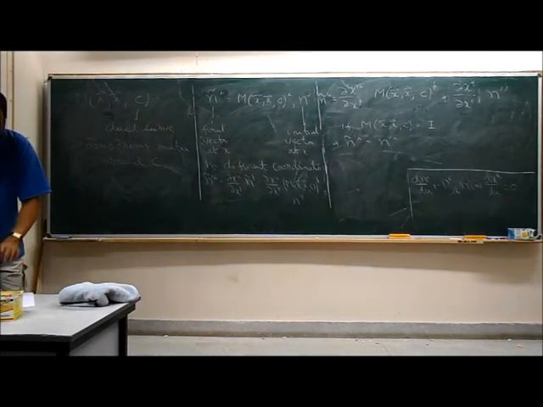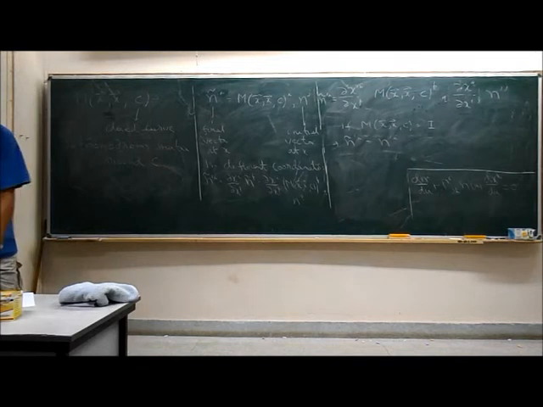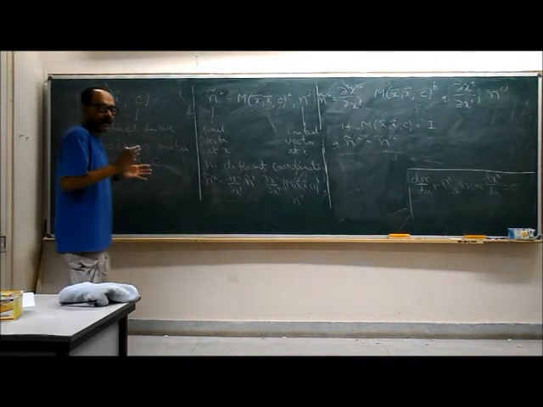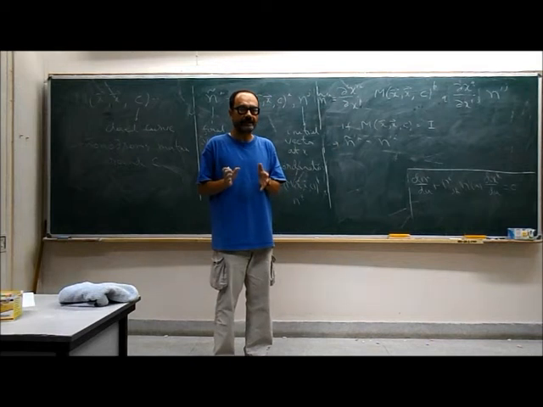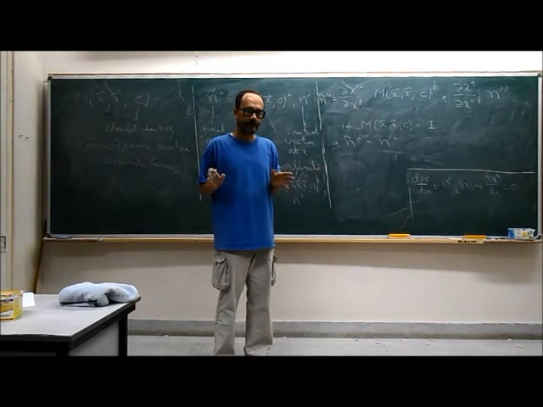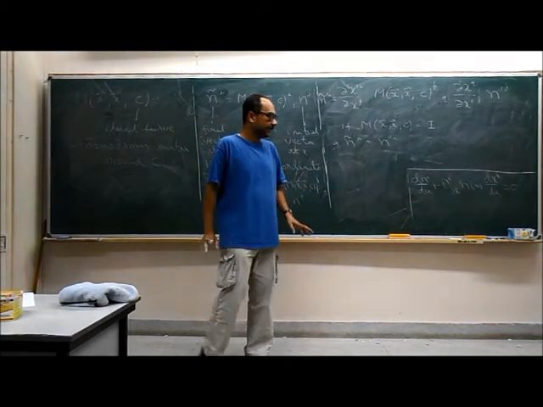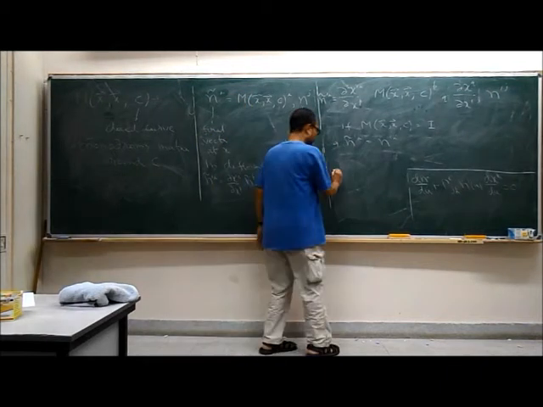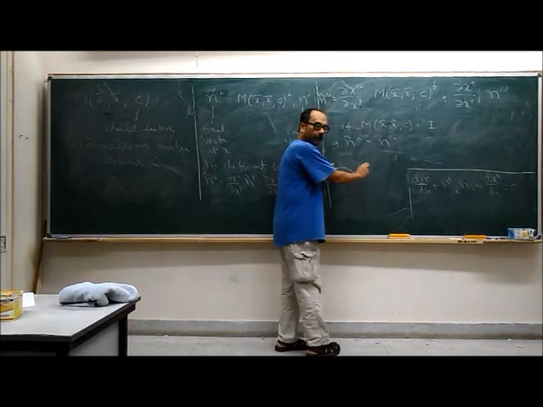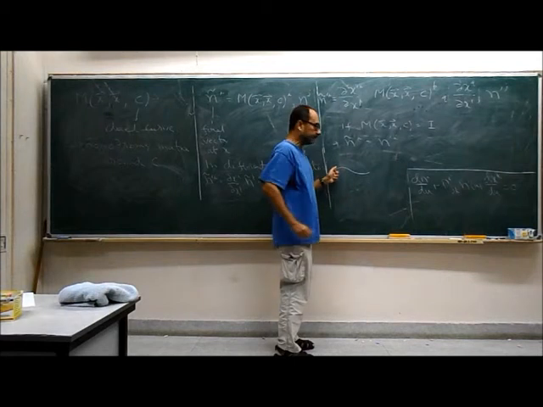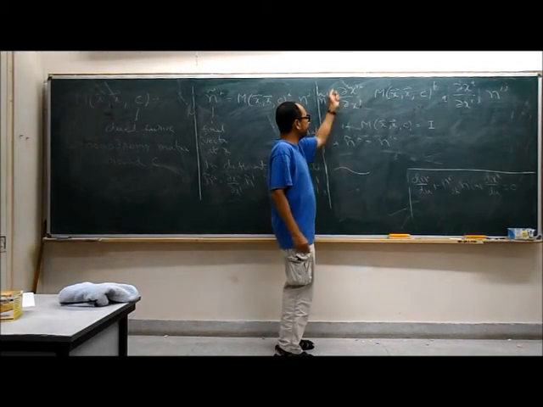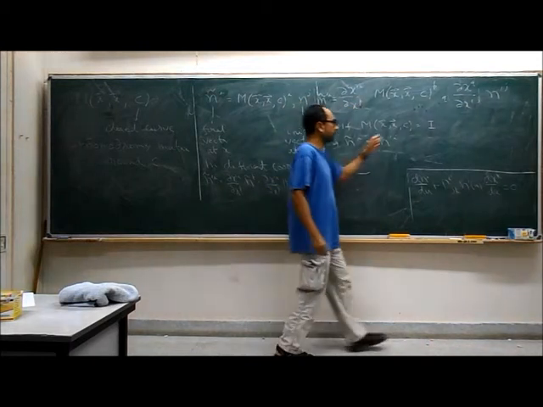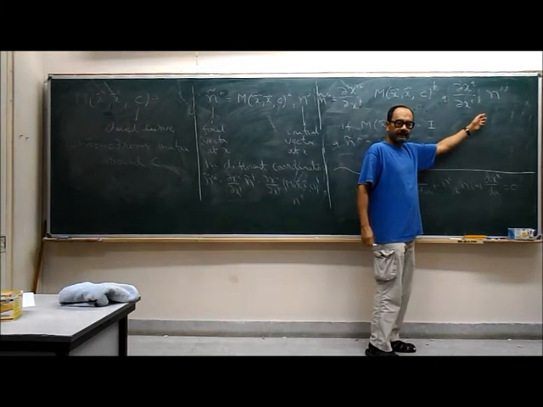So let me repeat again. What we have shown is that the monodromy matrix has a property that whether it's identity or not is a question that is independent of choice of coordinates. This is something that cannot be said for matrices that connect two different points. The reason for this is that if you connect two different points, then this has to be calculated at the initial point, this has to be calculated at the final point.